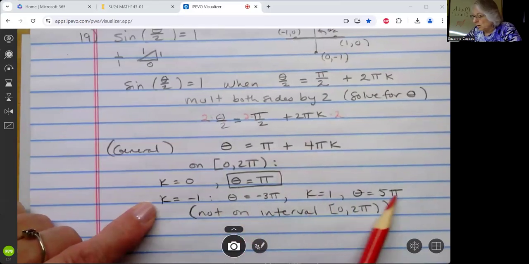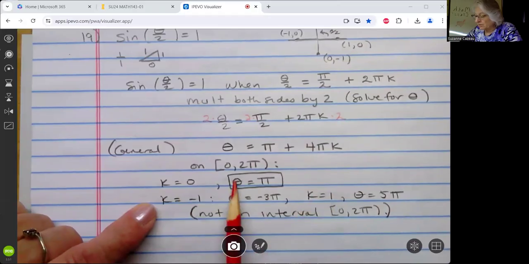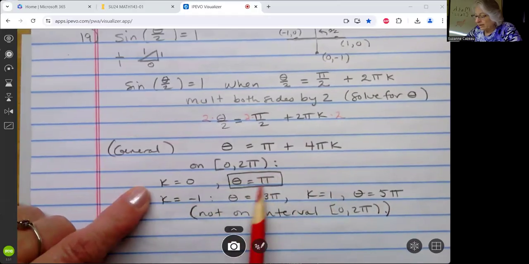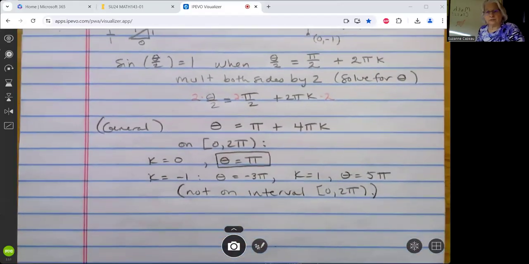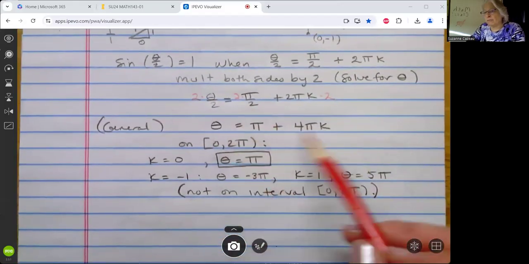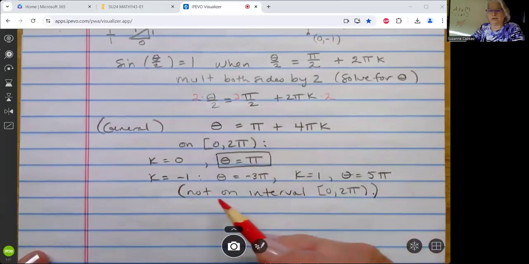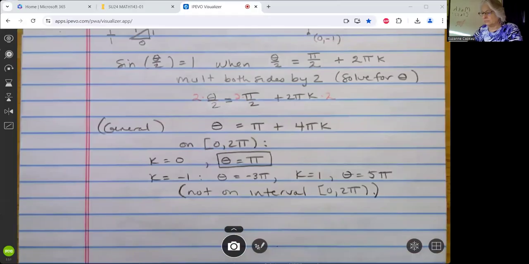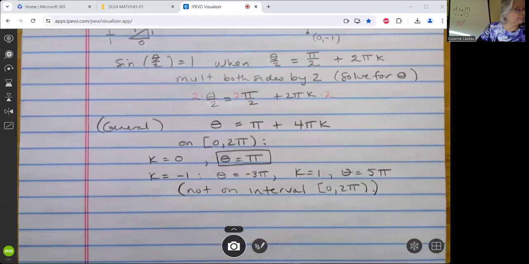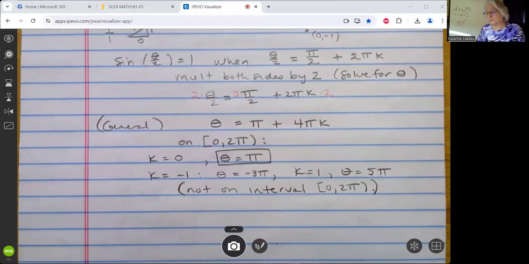So these two are not going to work, and so this is the only one that is going to be between 0 and 2 pi. You can use the general formula to figure out which ones are inside that interval. Okay, that was 19. There it is.